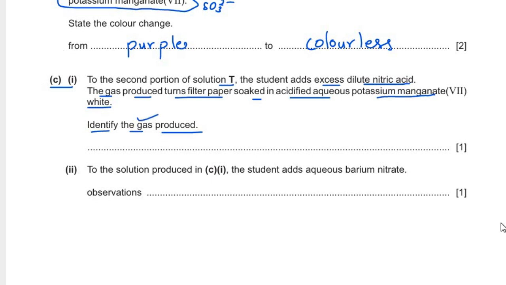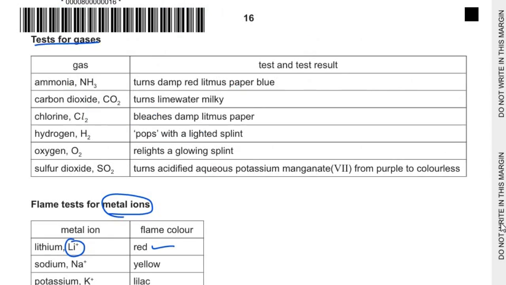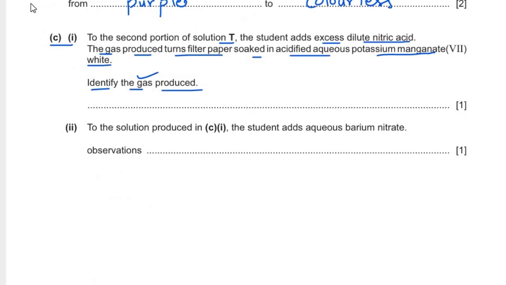Now here are the test for gases, and we can say that here the acidified aqueous potassium manganate from purple to colorless, it's the SO2 gas which turns it purple to colorless, or you can say white color, which we have already seen. So the gas produced will be SO2 gas. So let's write here, identify the gas, that is sulfur dioxide gas.